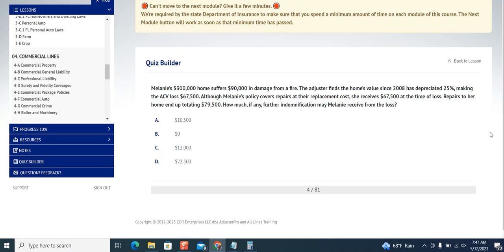Oh man. Seems like the answer would be so simple. I think the answer is gonna be D. I'm just trying to figure out, let me pull out a calculator.